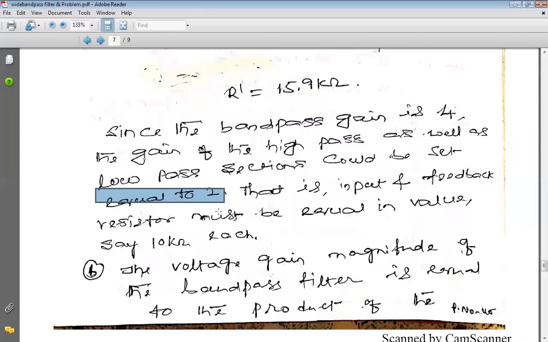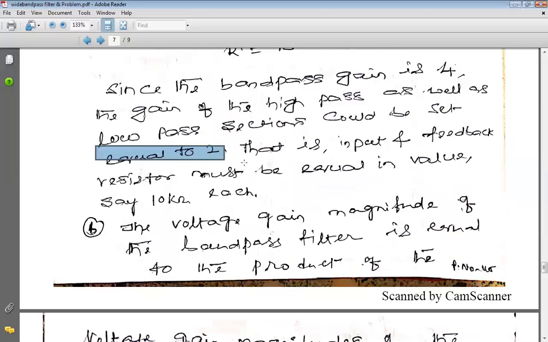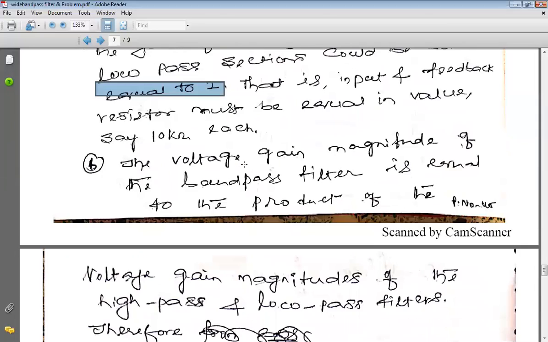That is, the input and feedback resistors must be equal in value. So RF and R1 are 10 kilo ohms, and RF dash and R1 dash are both 10 kilo ohms. That is, we selected RF and R1, RF dash and R1 dash, in the high pass section as well as the low pass section.